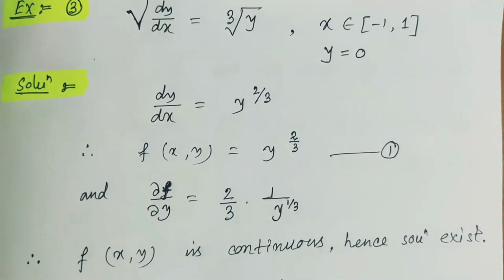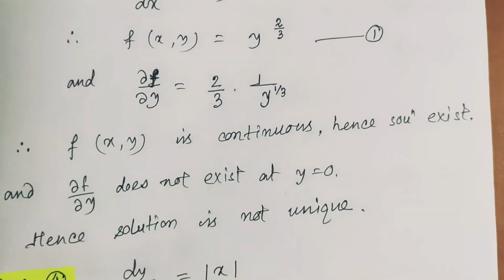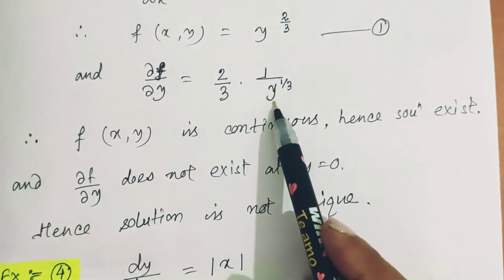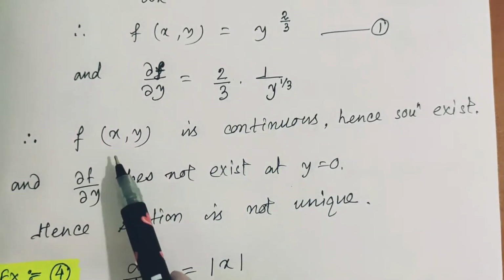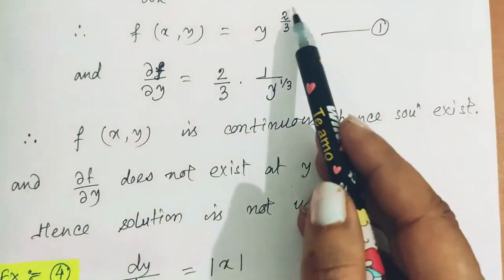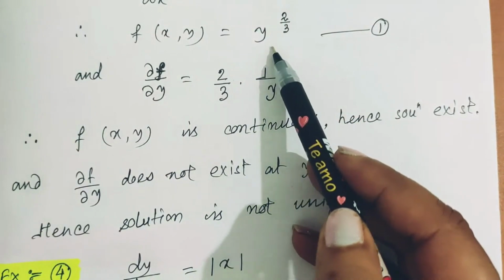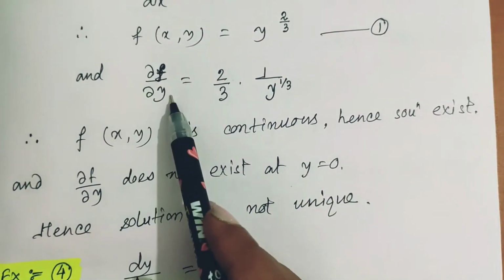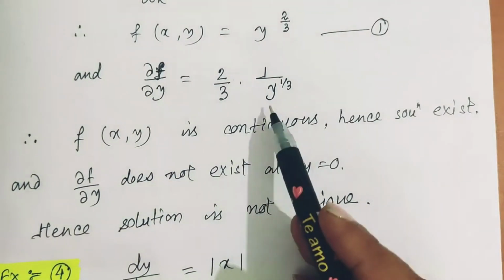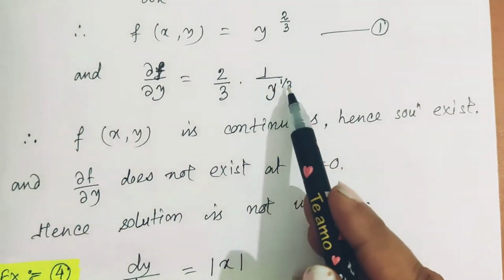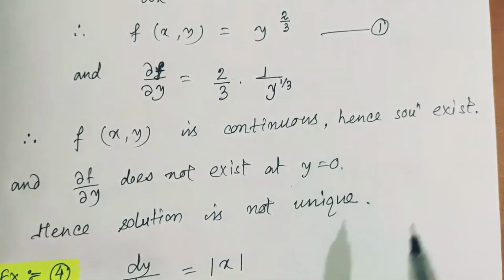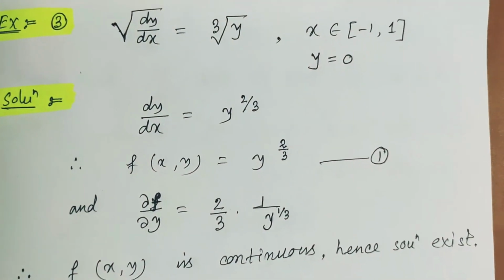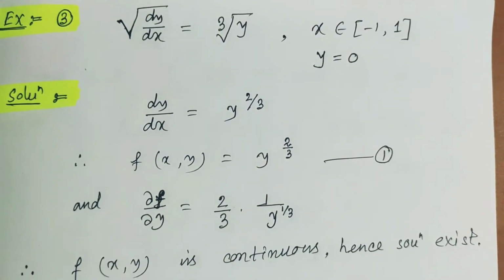If we take its partial derivative with respect to y, we find (2/3) into 1 upon y^(1/3). Now f(x,y) is continuous, because this function is continuous for all y values, hence the solution exists. Again, the derivative does not exist at y = 0, because at y = 0 it is undefined, hence the solution is not unique. So for this given equation, the solution exists but it is not unique.